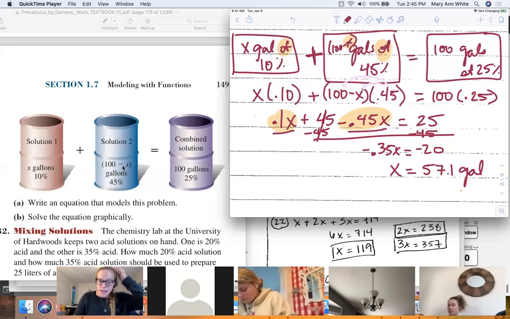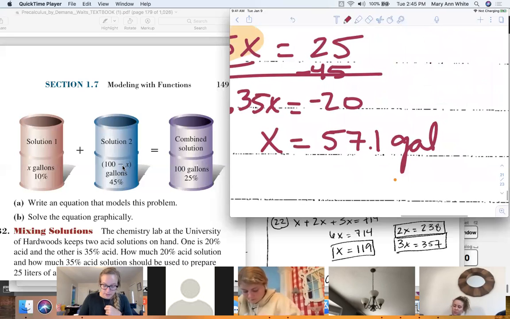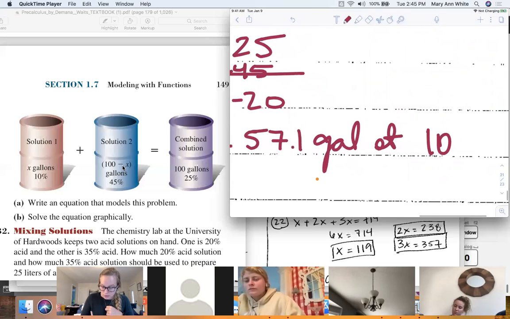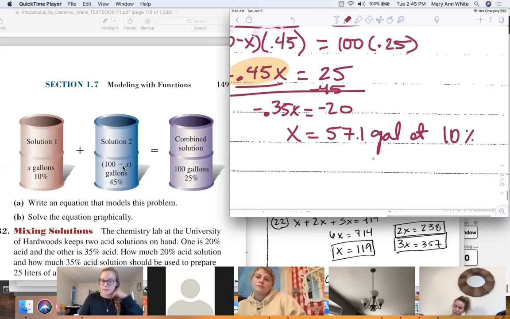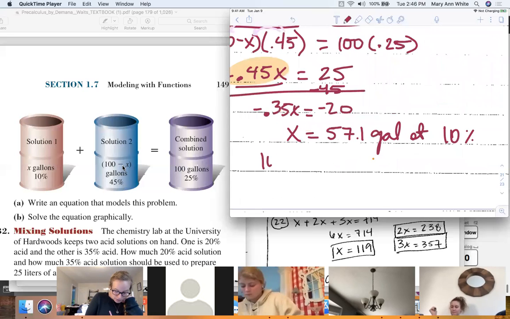Now, you could have used x in either place. You could have used it for 10%, or you could have used it for 45. I don't care what you do, just make sure you label appropriately. Since we used x for the 10%, then I know that I'm using 57.1 gallons of my 10% solution. If I want to figure out how much of the 45% I'm doing, I'm going to do 100 minus x.